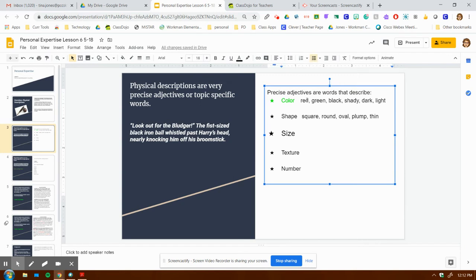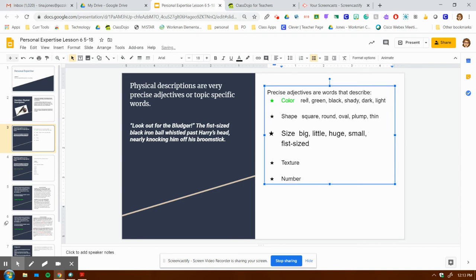And that leads us to size. So size gives us an idea of how to picture the object as well. You could end up with common words like big and little. You might end up with huge, small, or in the case of my sentence here, fist size.